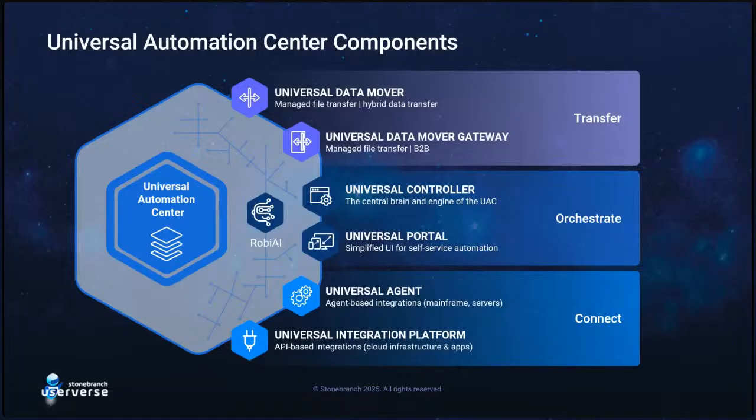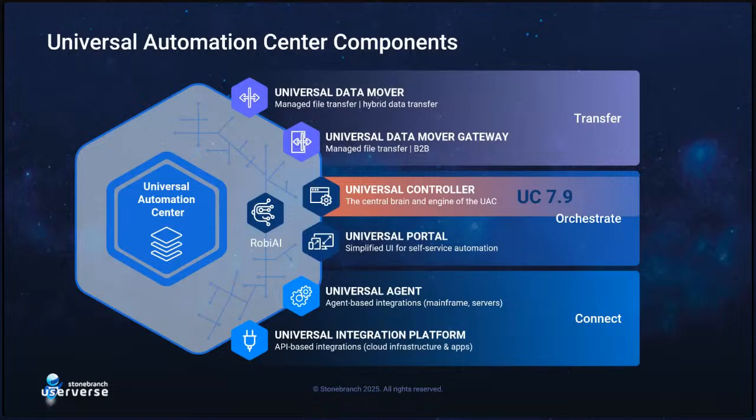Also today, we're going to announce some exciting developments with our Universal Data Mover Gateway, which allows you to do B2B file transfers with all of your trading partners. So let's start talking about Universal Automation Center, the controller and agents.